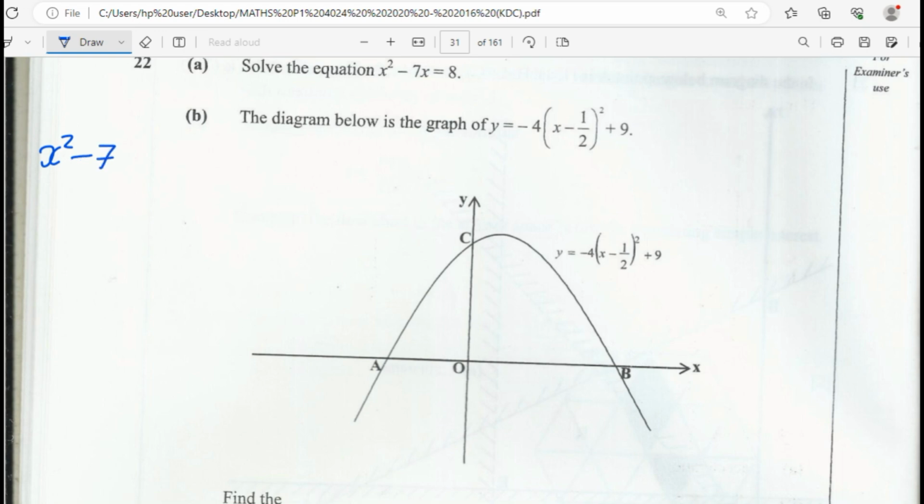Minus 7x, so let's shift this to this side. So give us minus 8 is equal to 0. So we know that the coefficient of x squared is a, the coefficient of x is just b, then we have the constant. So you can use the method of your choice.